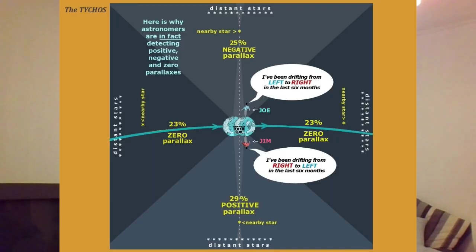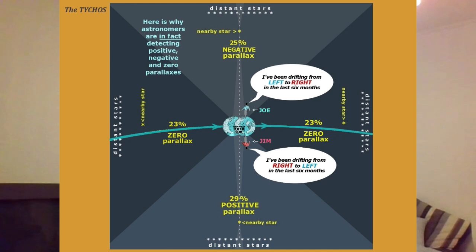In winter, the sun is at one side of us, and we are, so to speak, looking out the other window of the car, and we see the stars moving in one direction. At the other time of the year, we have the sun at the other side of us, and then we see the stars moving in the other direction.